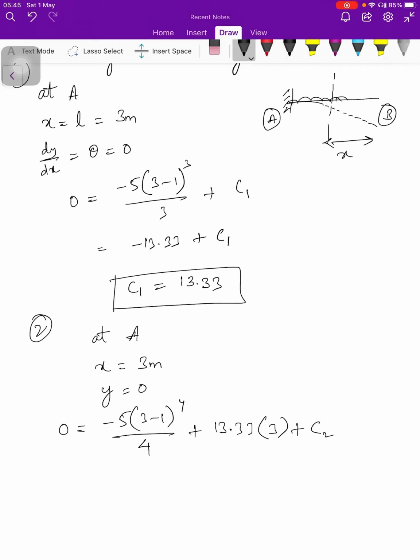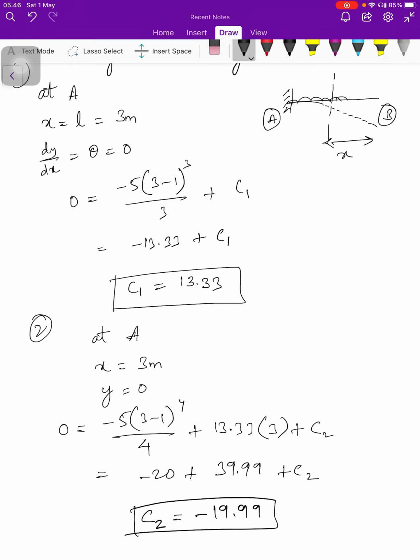or this will be 2 power 4 into 5 divided by 12, which is 6.66, minus 6.66 plus 39.99 plus C2, or C2 is equal to minus 19.99.